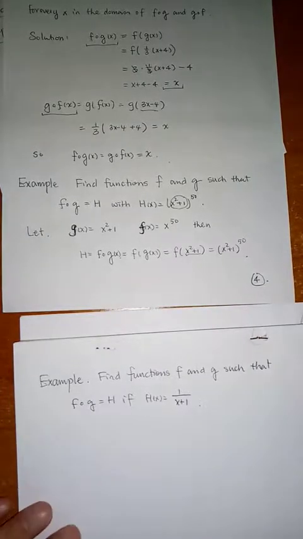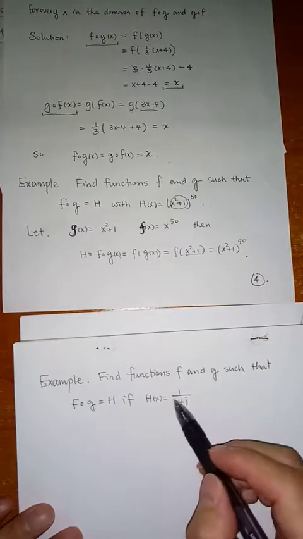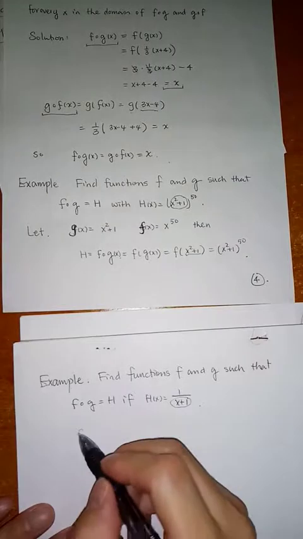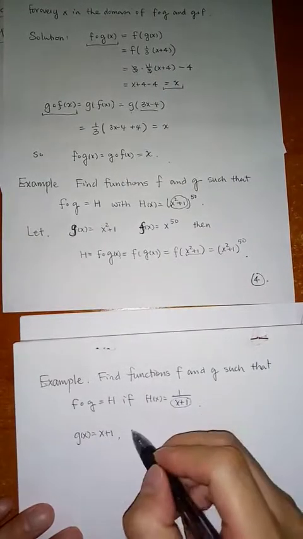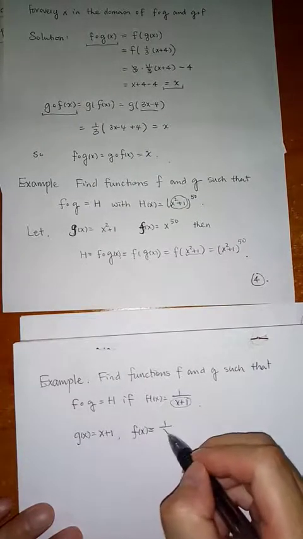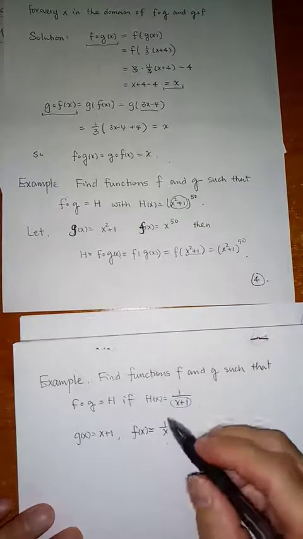Okay, so this is again a two-step operation. The first step, you add 1 to x, and second step, whenever you finish it, you're going to flip whatever you receive.